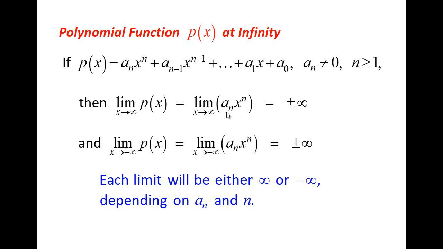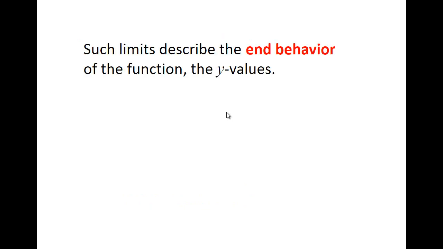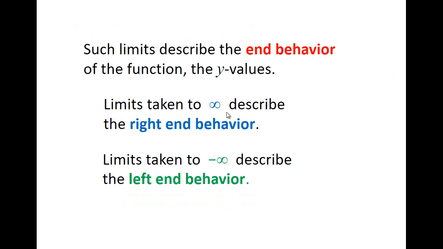In other words, we are asking what is the ultimate behavior of the function in the positive direction, and what is the ultimate behavior of the function in the negative direction.